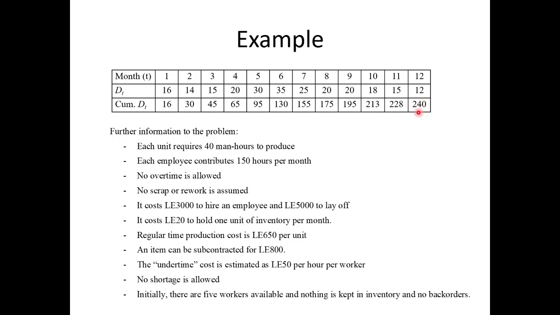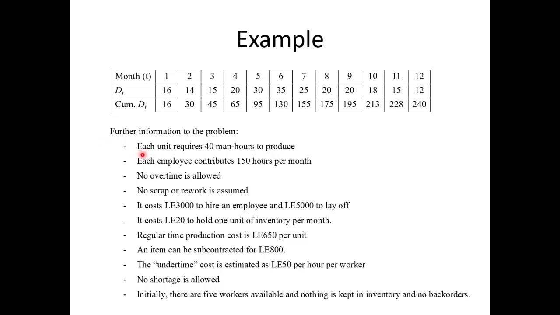This number represents the total production quantity that is needed based on the forecasted demand for the aggregate unit of production. We need further information in order to build our model and start applying our solution strategies and assessing them.